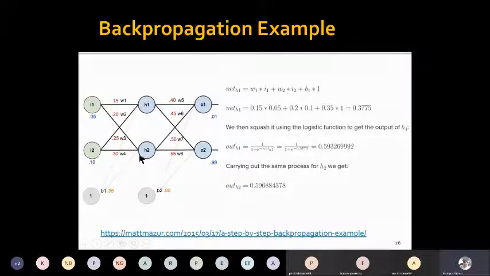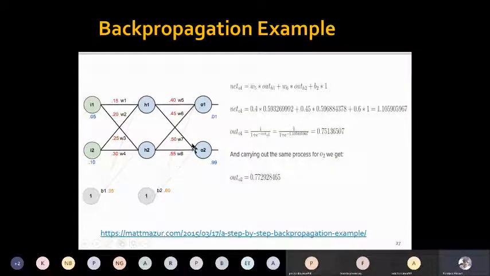And similarly for H2, we can first multiply W3 into I1, then W4 into I2, plus 1 into B1, right? So that will be net H2. And then I can put this into the equation 1 by 1 plus e to the power minus net H2, and I can get this value. So that will be the output from H1 and H2.